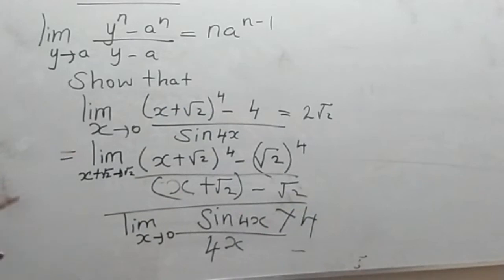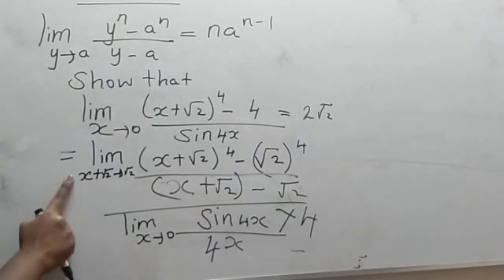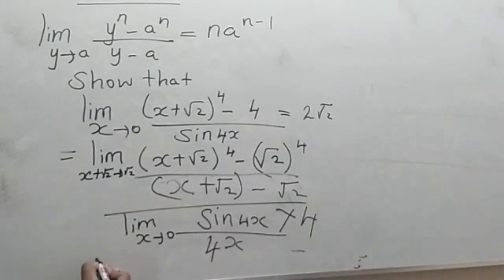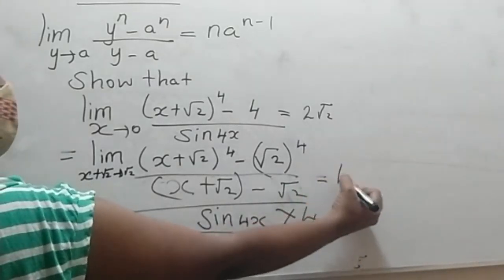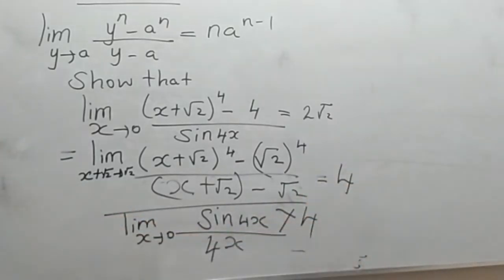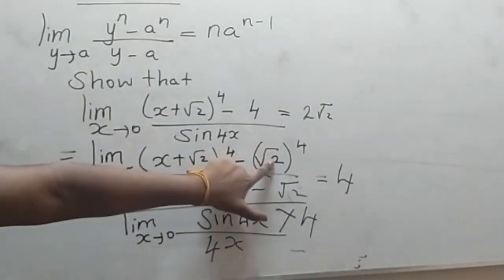Now you can simplify. You see the limit, changing limit, you should be careful. Now you see what you have. Y to the power n minus a to the power n over y minus a, that is equivalent to what? That is equivalent to n into a to the power n minus 1. So in the place of n, I have 4. A is root 2.